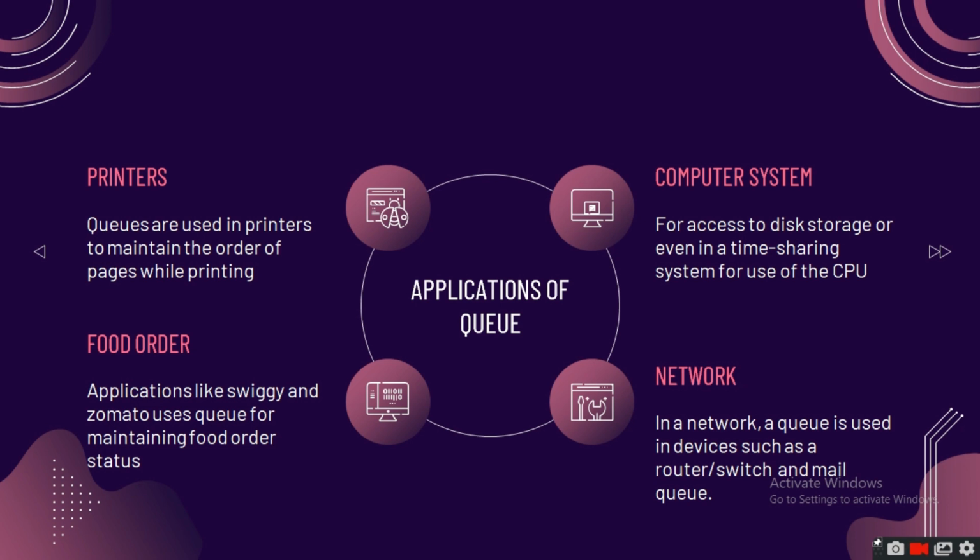In CPU as well as in disk storage, these queues are implemented. In networks, routers, switches and so on use queues to deliver the packets in a particular order. And in mail delivery also, queues are used. So there are different applications where queues are used in real time. These are some of the examples I have given here.